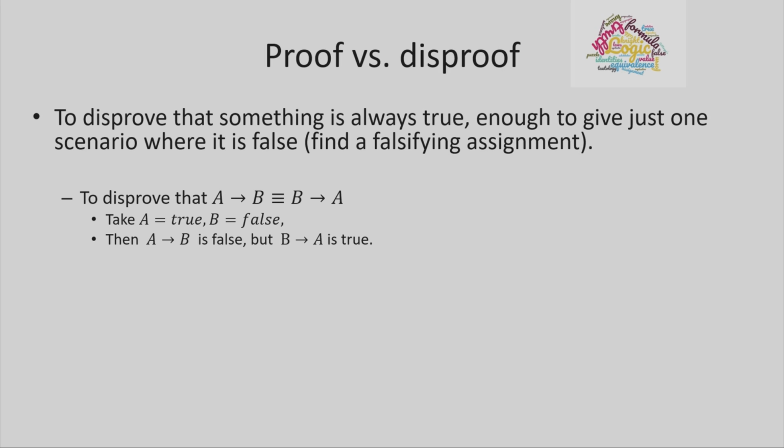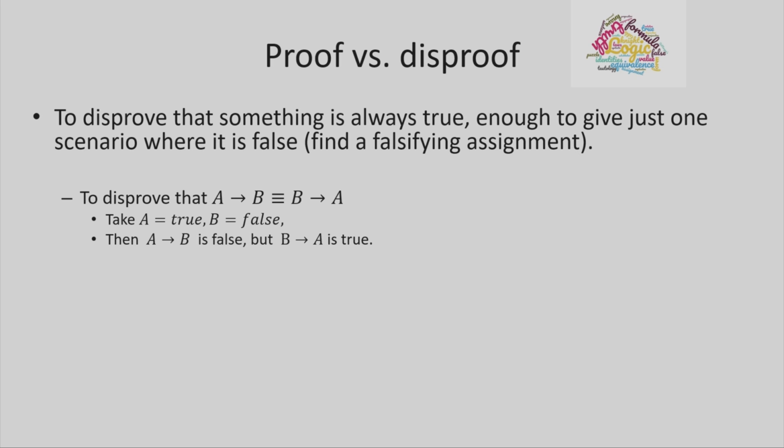Just find the falsifying assignment. For example, if somebody tells you, but wait a moment, I don't see why converse is not the same as an implication. Then you say, okay, let me disprove your statement that A implies B is equivalent to B implies A. Here is my counterexample. Take A being true and B being false. Then one side of this equivalence is true, another side of this equivalence is false. They cannot be the same.